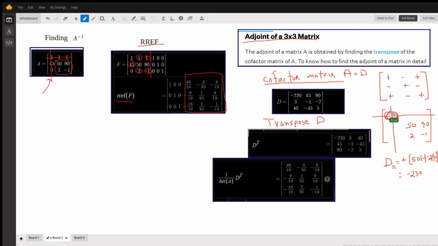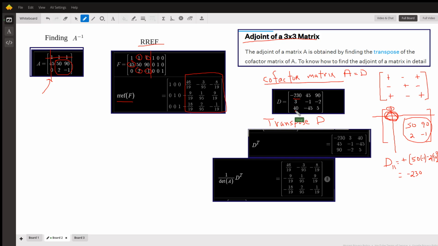So this is row 1, column 1. That adds up to even. So we're going to multiply with a plus sign this determinant right here. 50 times -1 is -50, minus 90 times 2, -230 is what goes here. I won't go through the rest of those, but that's how you fill in all the elements of the cofactor matrix.